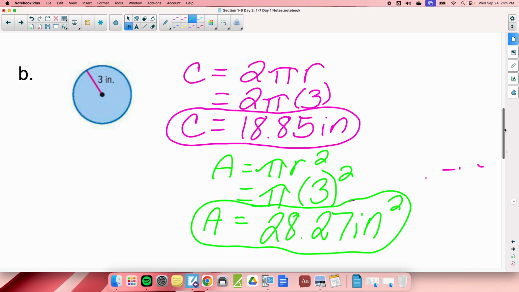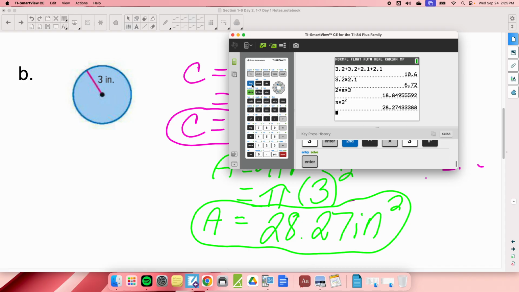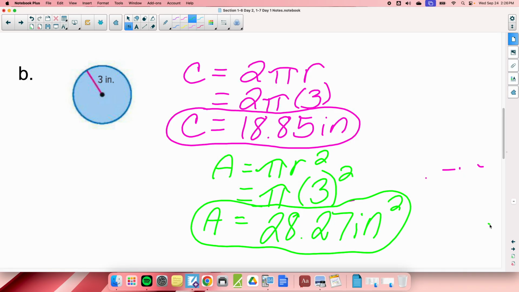On a graphing calculator, you hit the second here, and then you hit that up arrow. Everybody get that? Second, and then the up arrow. And 3 inches is the radius. So you go pi times 3 squared.